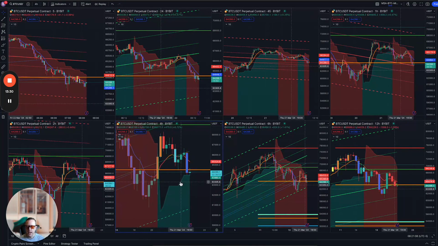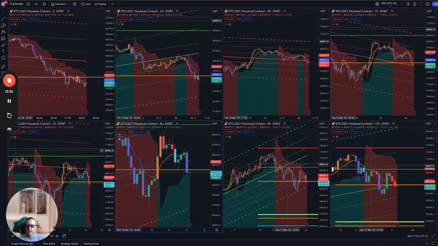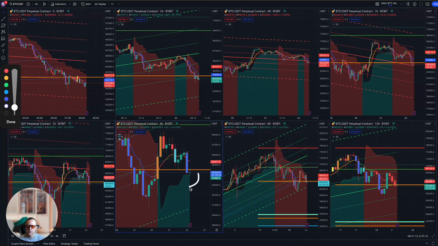And so in a way, you could look at it that by entering a short now, you are kind of entering at a support, right? But a 4-hour support. And so you have to just kind of ask yourself, is what I'm about to do intelligent? And so to enter here is probably more dangerous than to enter here.